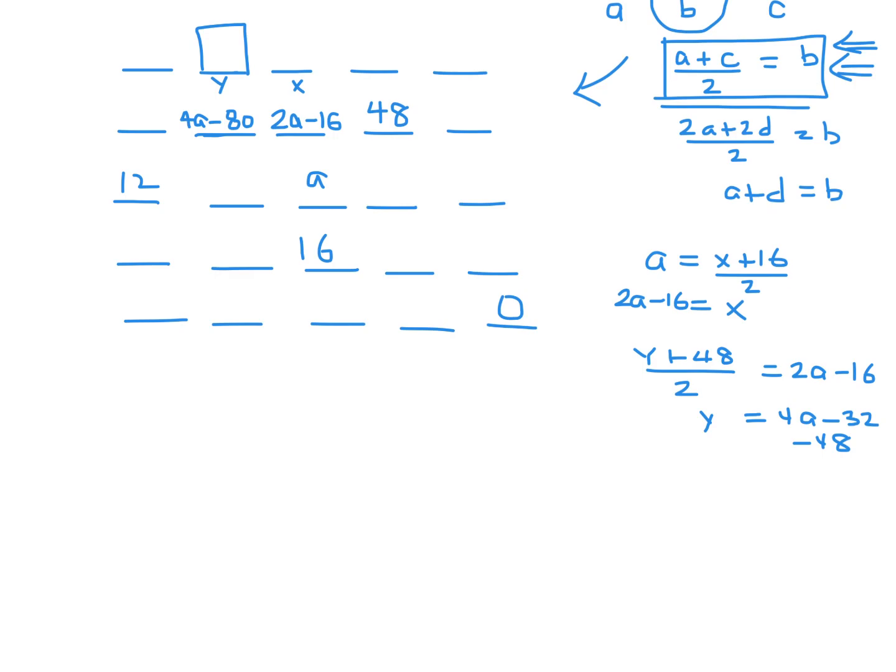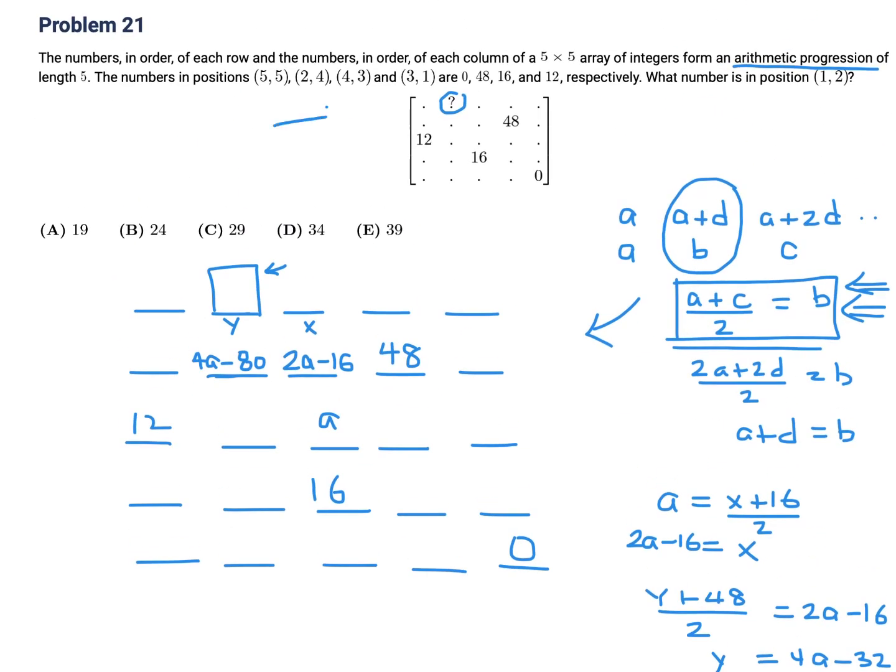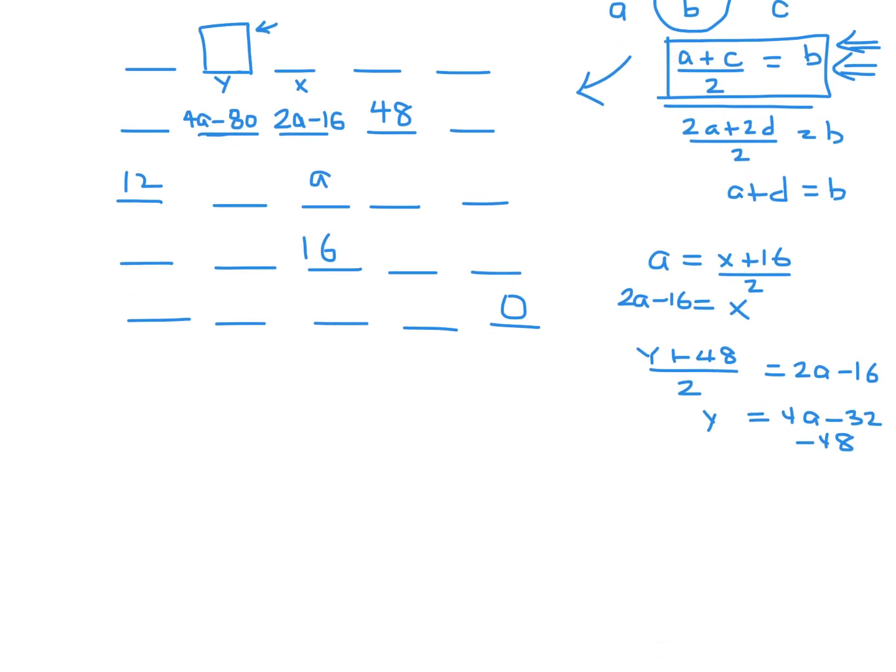Now we'll concentrate on that box that they have called the question mark. Okay, and because, or can I? Let me think about this. Oh, I need this guy first. This guy here. So that should be fairly straightforward. That's just going to be (12 plus a) over 2.